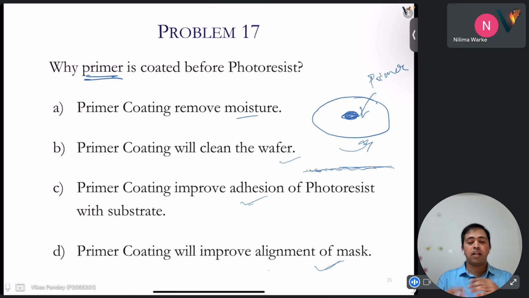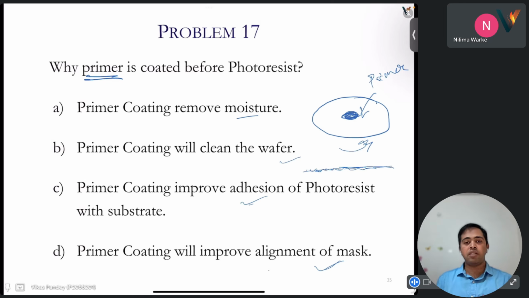One is good adhesion: the primer has good adhesion with the photoresist, and the primer has good adhesion with the wafer. Along with that, we can go for lower thickness of photoresist also, since we have a smoother surface.